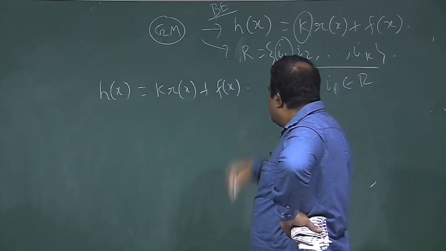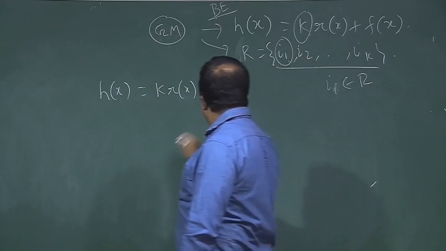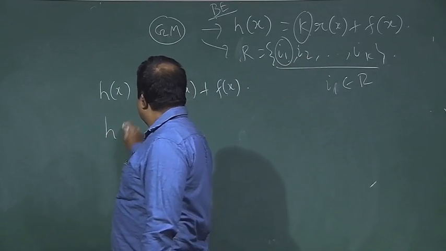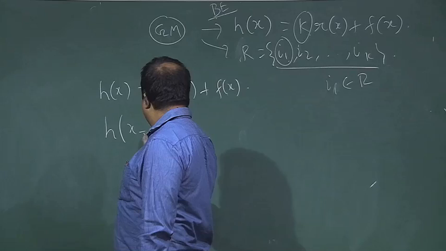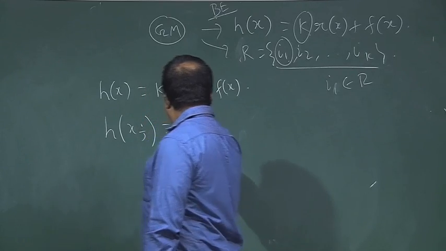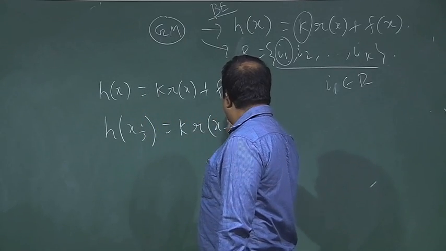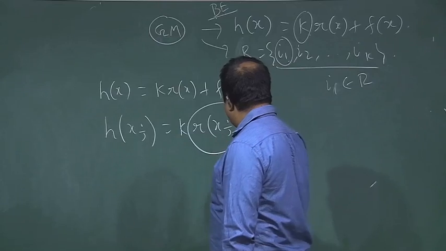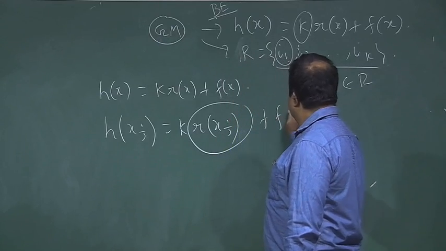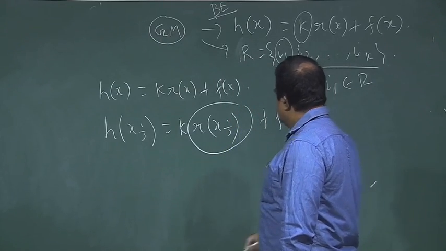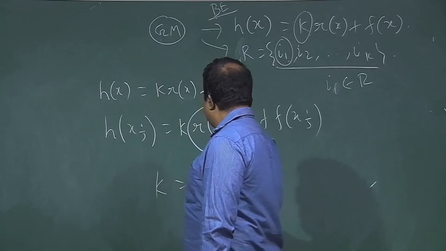Now, if we can calculate some value j, say h of x j for some j, provided this r of x j does not belong to the revoked set, then from here one can calculate the session key.